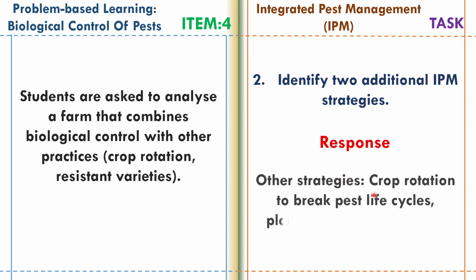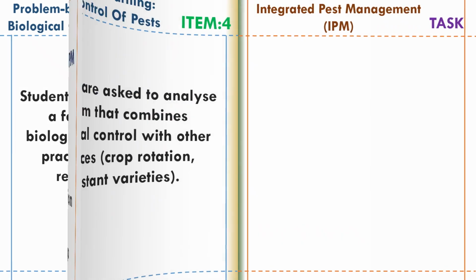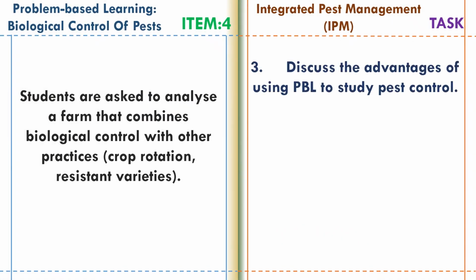Other strategies, we have crop rotation to break pest life cycles, planting pest-resistant crop varieties. Discuss the advantages of using problem-based learning to study pest control.